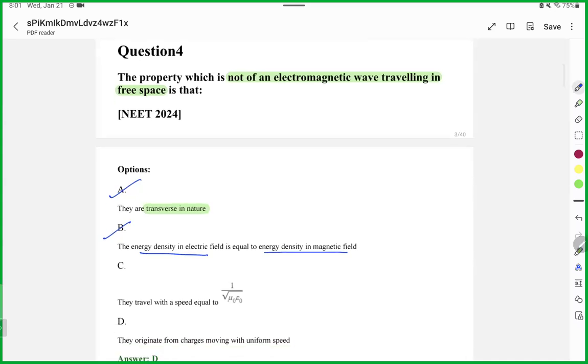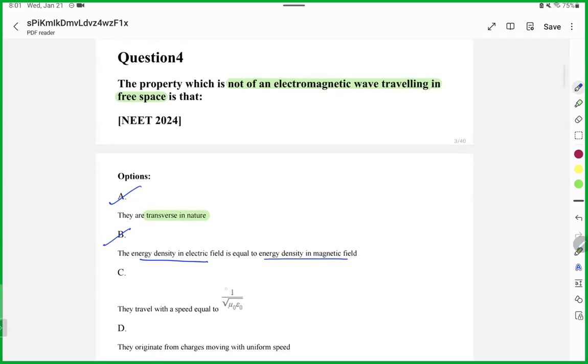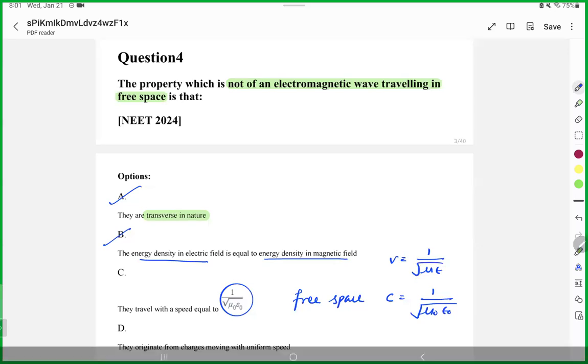Third, they travel with the speed 1 by root of mu naught epsilon naught. Yes, sir. In free space, c is equal to 1 by root of epsilon naught mu naught. For any other medium, the velocity will be 1 by root of mu epsilon, right?